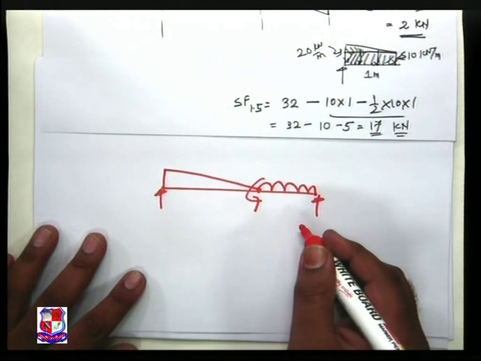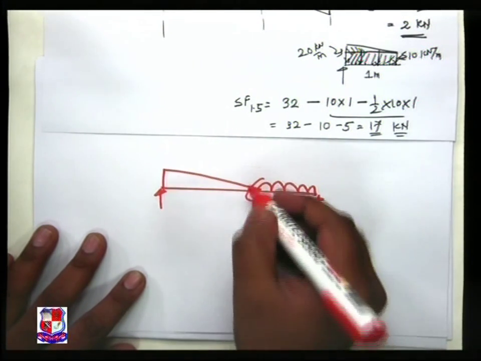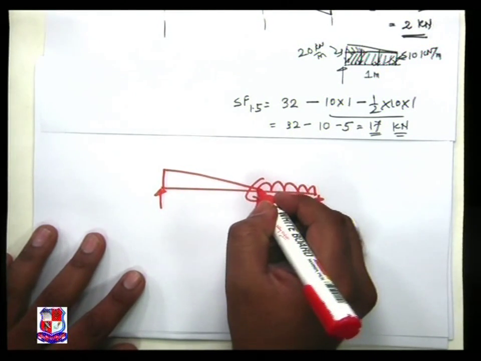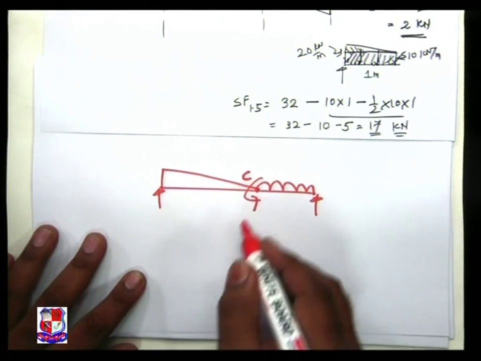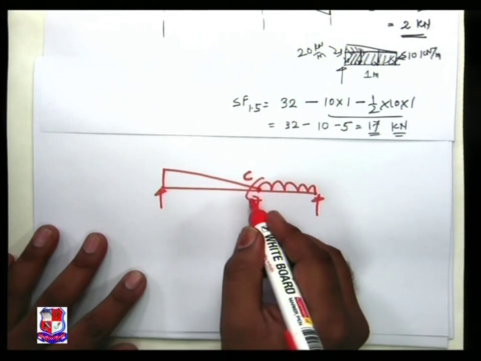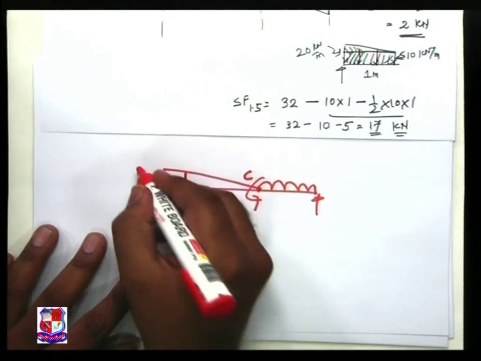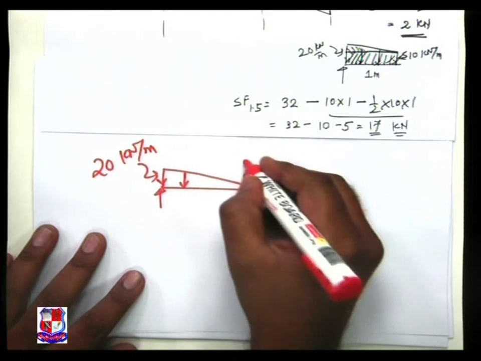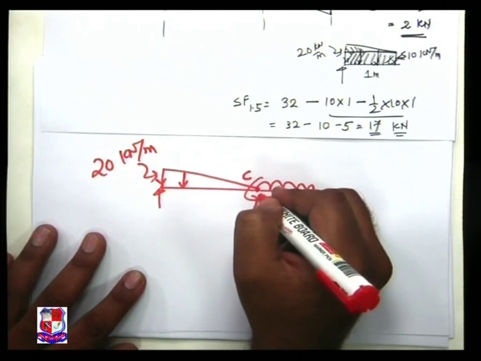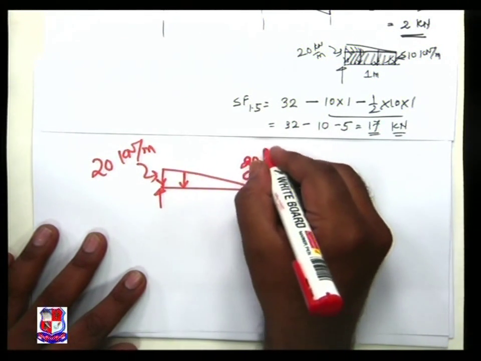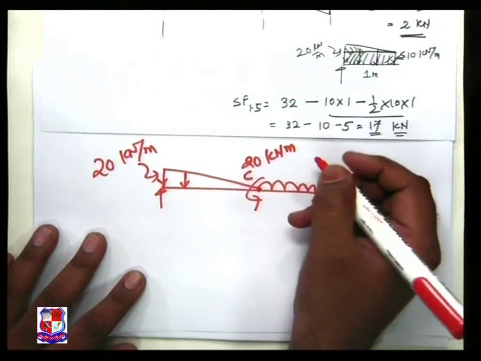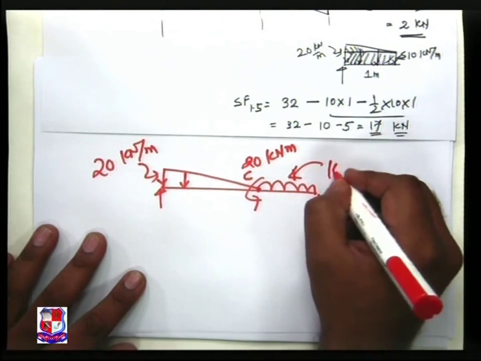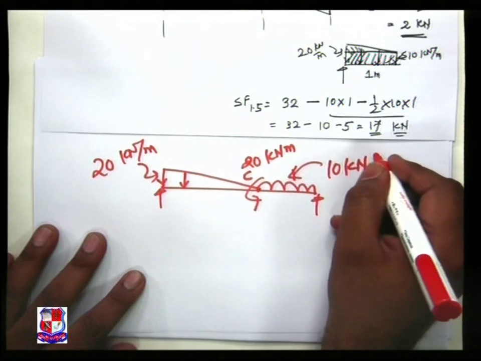So let us find out what is the value of bending moment at point C, just left of C. The concentrated moment given is of value 20 kilonewton into meter, and UDL is of 20 kilonewton per meter.